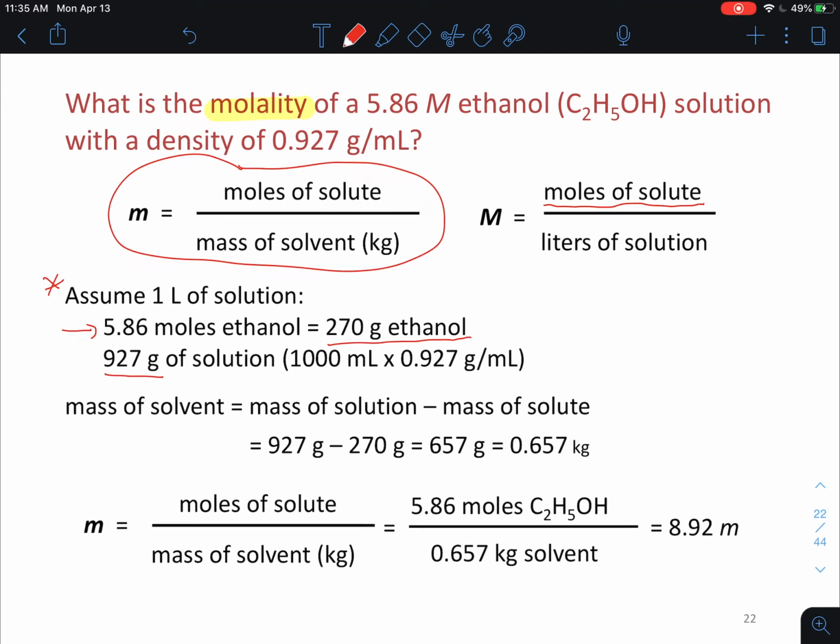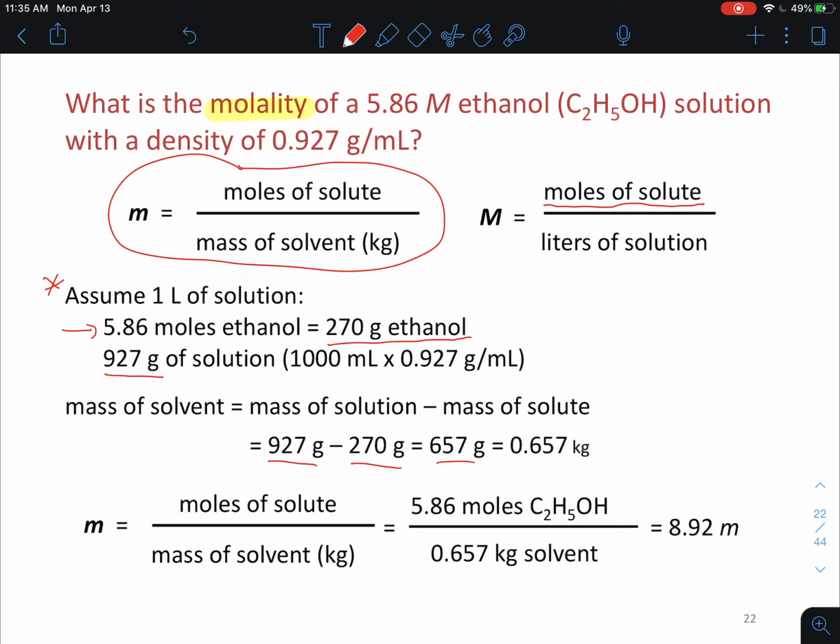So since its density is 0.927 and we have 1,000 milliliters from our 1 liter assumption, that means the total solution weighs 927 grams. So now I know the total solution mass as well as the mass attributed just to the solute, to the ethanol that's dissolved in my water.